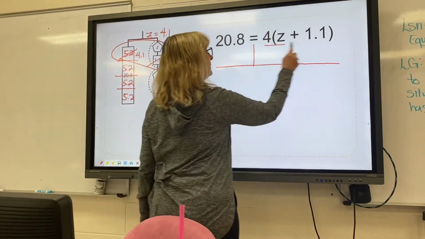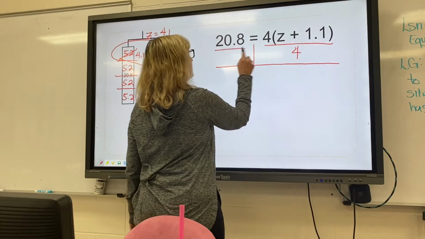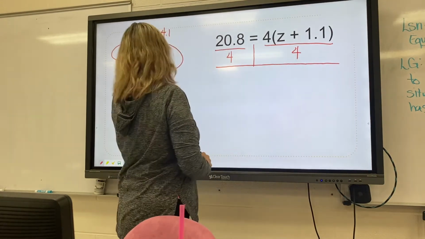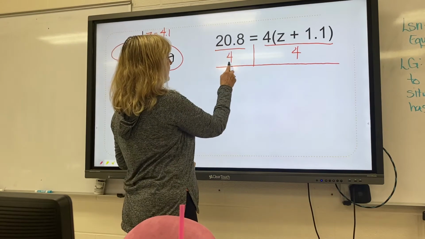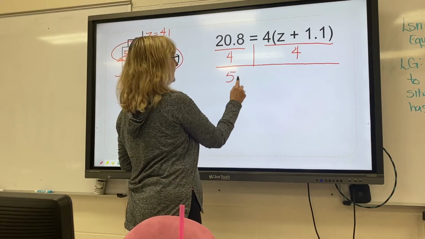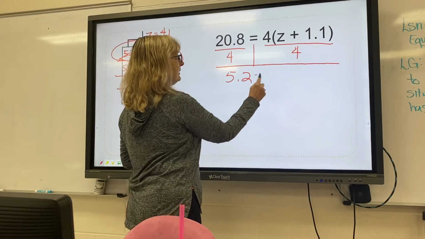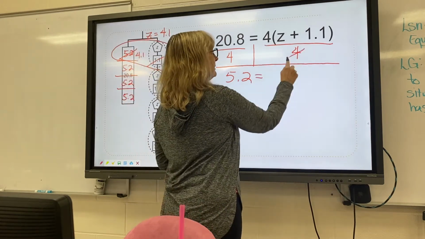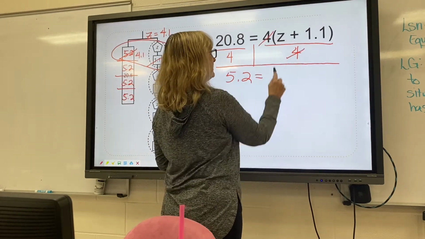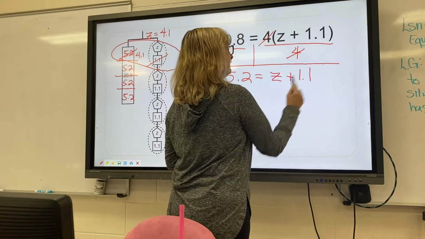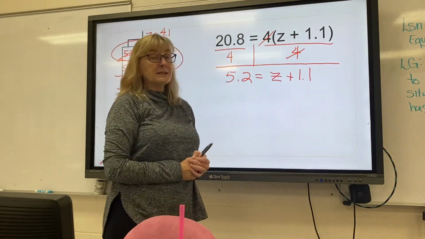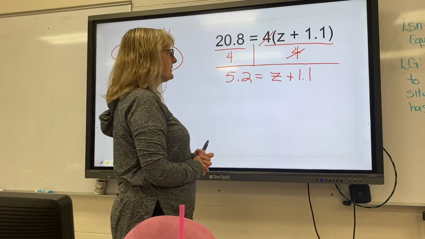How about if we get rid of it by dividing by 4, which was the first thing we did over here, remember? All right, so 20.8 divided by 4 was that 5.2 equals, well, 4 divided by 4 is 1, so now we are left with z plus 1.1.